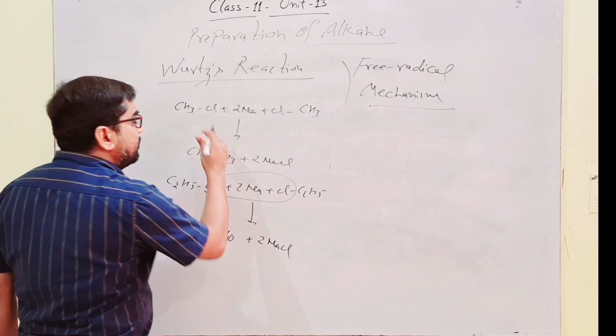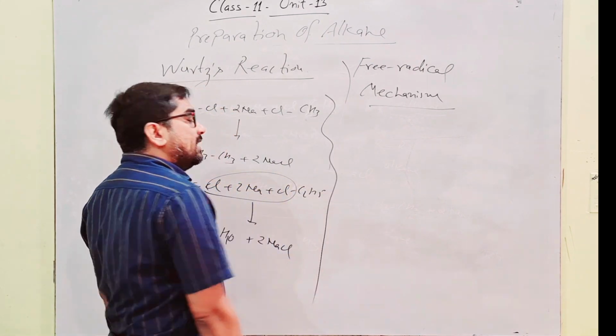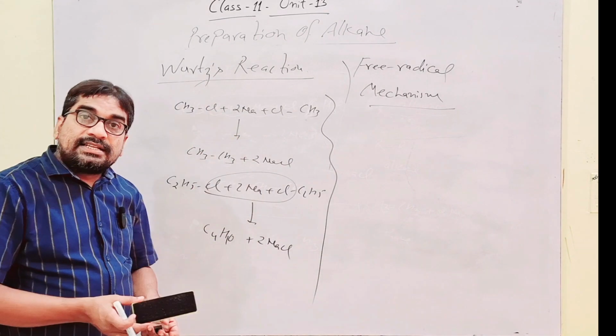So a mixture of products is obtained whenever two different alkyl halides react with sodium in Wurtz reaction. A mixture of alkanes is obtained.